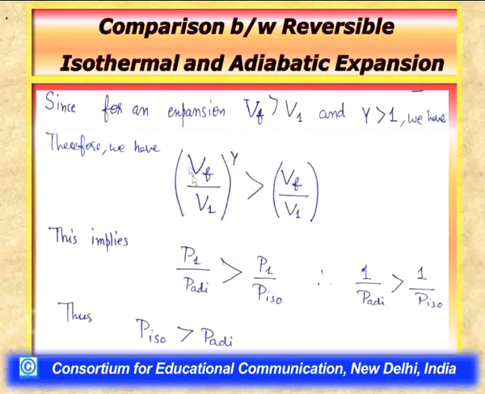So it implies that Vf by V1 raised to the power gamma, by the adiabatic equation of state, is equal to P1 by P_adi. Instead of the left hand side, we have just written P1 by P_adi. To the right hand side of the greater than sign, Vf by V1 is equal to P1 by P_iso, considering the equation of state under isothermal condition. So we have P1 by P_adi is greater than P1 by P_iso.